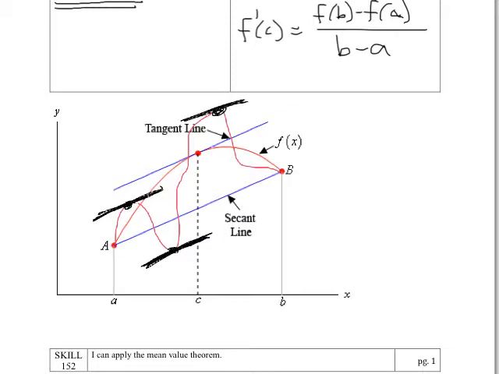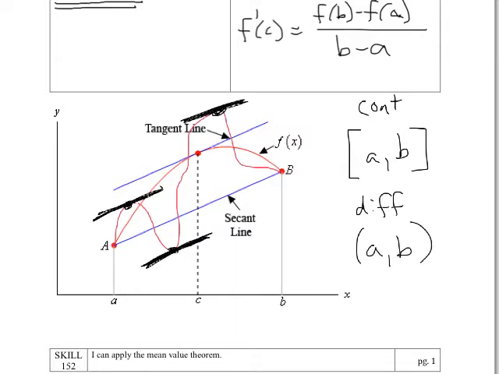There might be more, but the mean value theorem guarantees the existence of at least one. And it needs to be continuous on the closed interval, and then differentiable on the open interval. Let's see how this gets applied in our problem set.